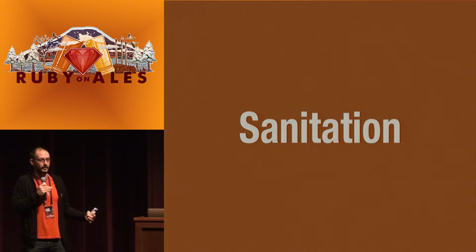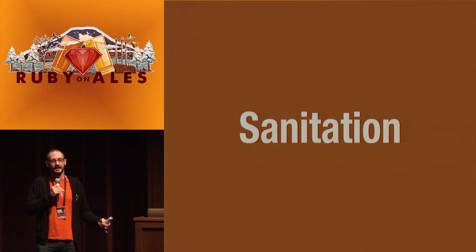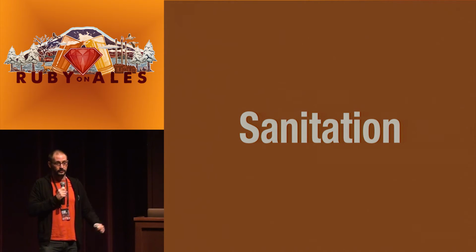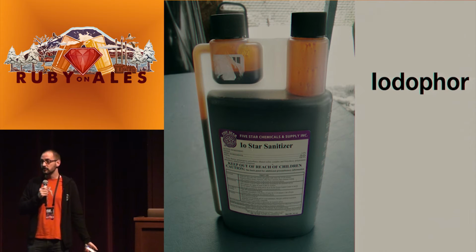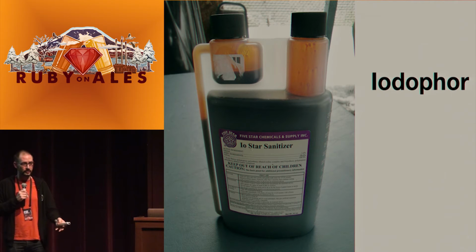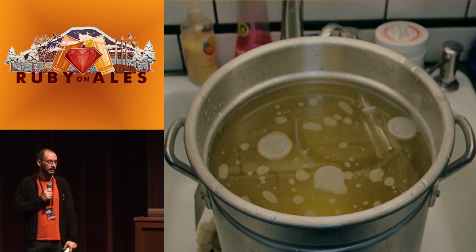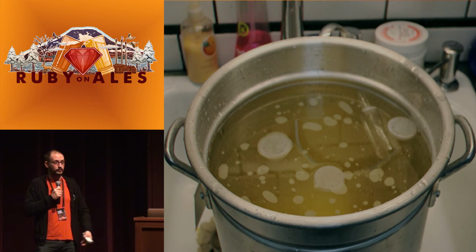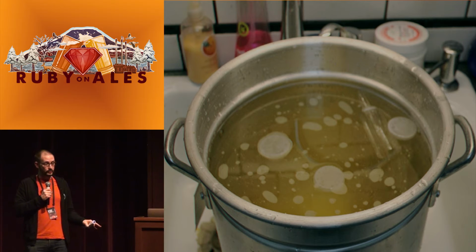It's just like food everywhere, and those microbes will go nuts, and your beer will turn out skunky or weird or have strange flavors to it. So you need to sanitize things thoroughly. Most of the time you do this with either an iodine solution or there are some other alternatives. The liquid, when you mix it up, looks kind of like this. Most things you can soak for a couple of minutes in it, and then you're good.